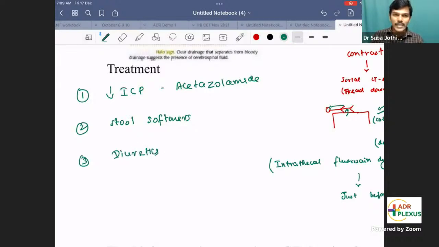So all the pressure sensations should be relieved. Urine for diuretics, stool for stool softeners, pressure for acetazolamide. These 3 should be started immediately when you suspect CSF leak. You should continue this even after CSF leak repair.